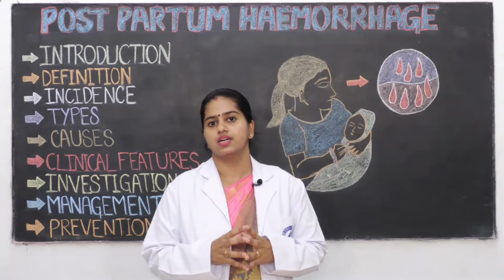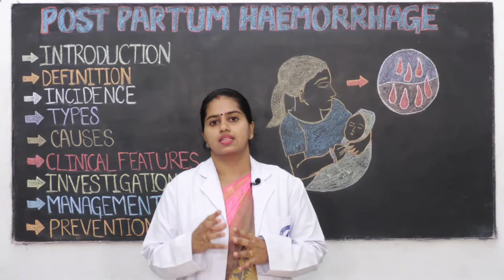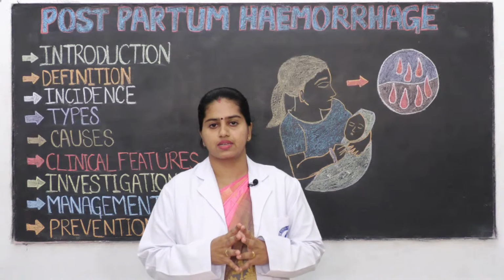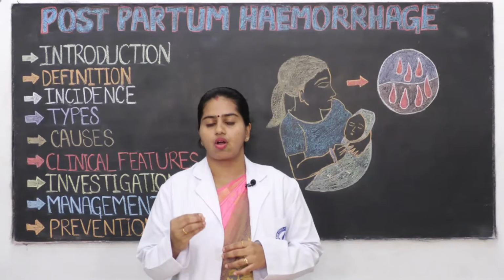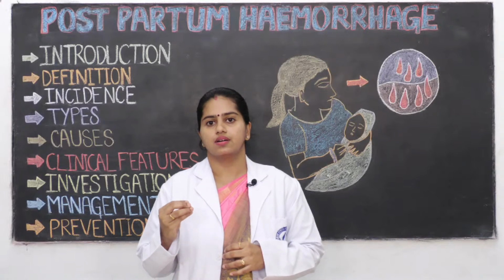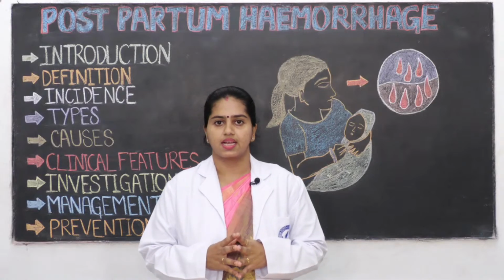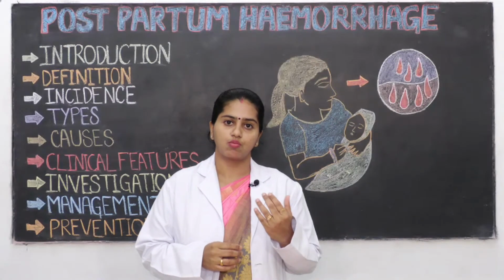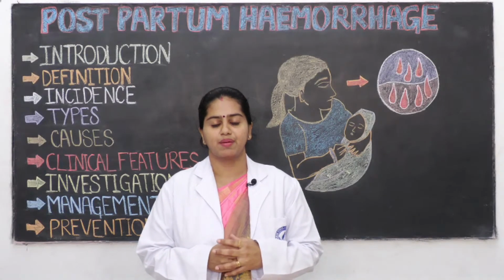The next one is thrombin, because of coagulation factors, and trauma to the genital tract, that is the cervix, vagina, perineum, or the uterus. And we have seen the investigation, management, and prevention of postpartum hemorrhage.